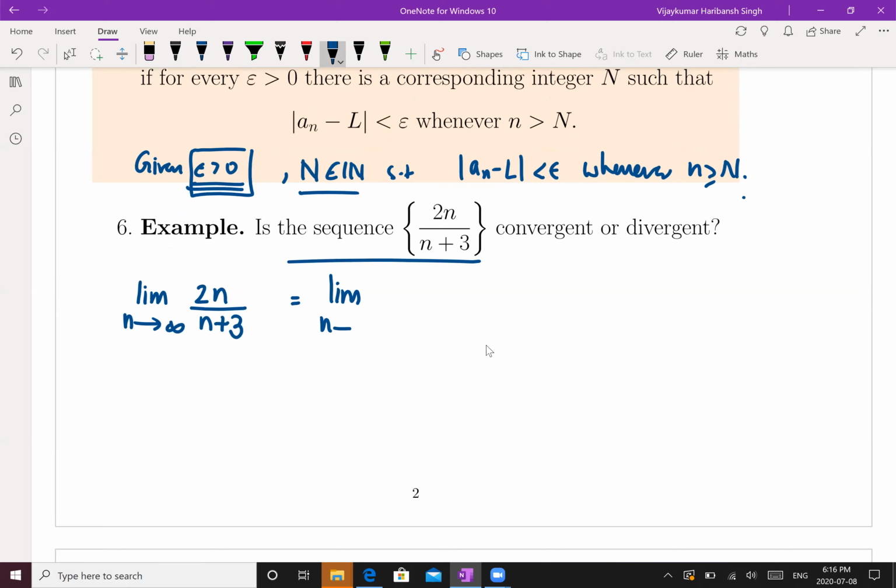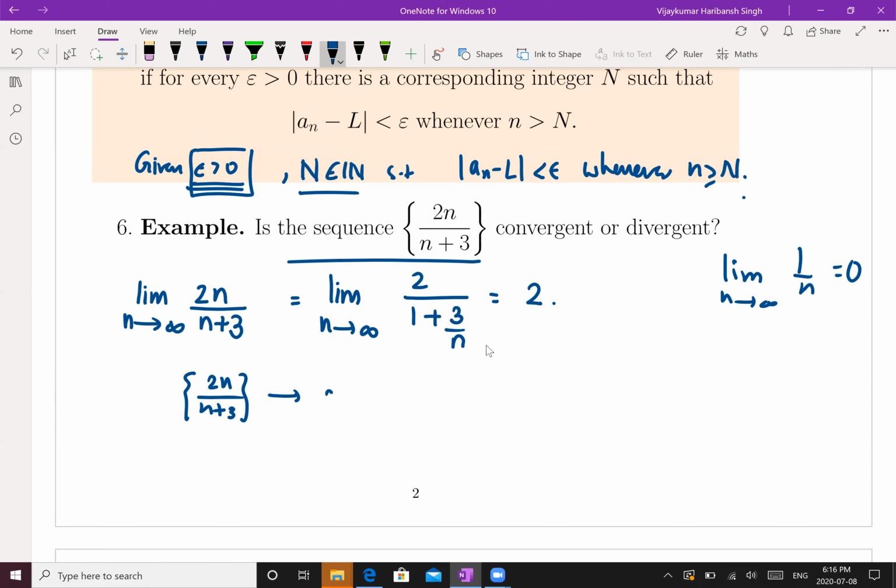The limit as n goes to infinity of 1 by n is 0. So if you divide top and bottom by n, you will see this is going to be 1 plus 3 by n, and as n goes to infinity, this will go to 2. So this sequence indeed converges, and converges to 2. Therefore, we can say (2n plus n) by 3 converges to 2.